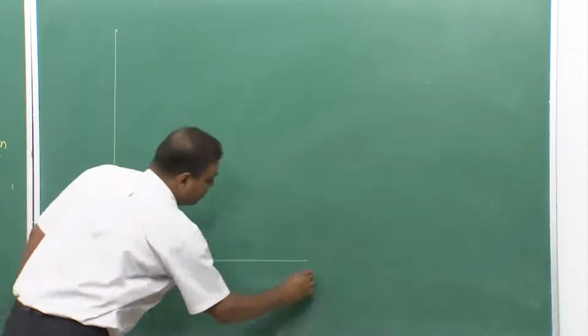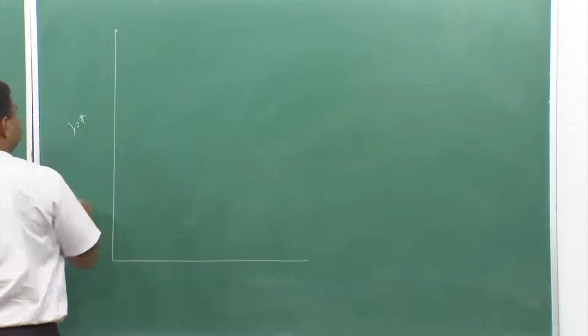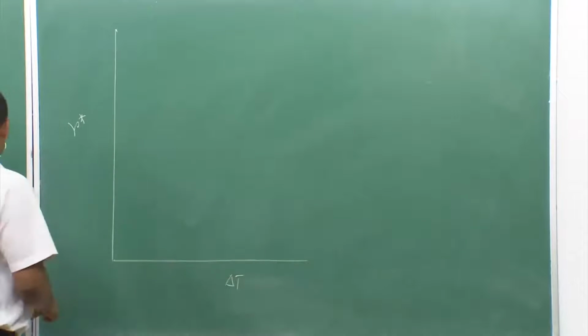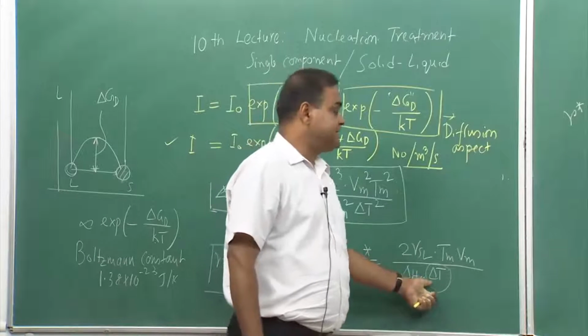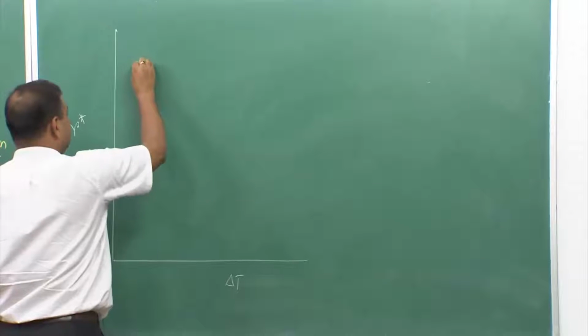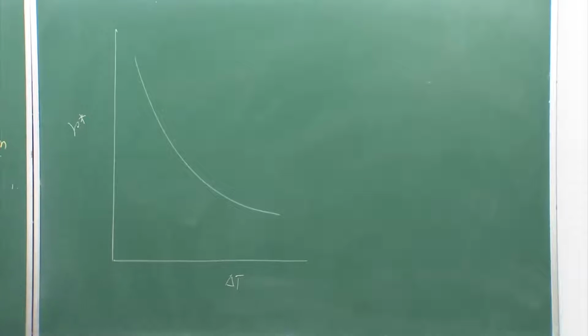If I try to plot R star as a function of delta T, we see that R star is inversely proportional to delta T, so R star would have a very high value and then gradually it will decrease like this. So, this is R star variation.